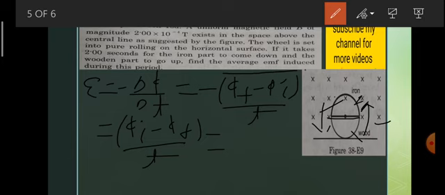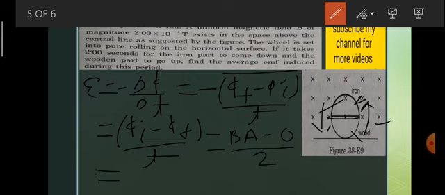So there will be a flux. So flux is B into A. I hope this is clear to you. When this iron part comes down and wood part goes up, in wood part there is no flux. So flux is 0 and time it takes is 2 seconds.